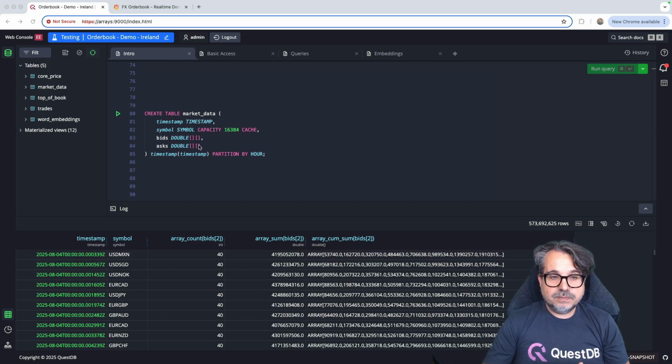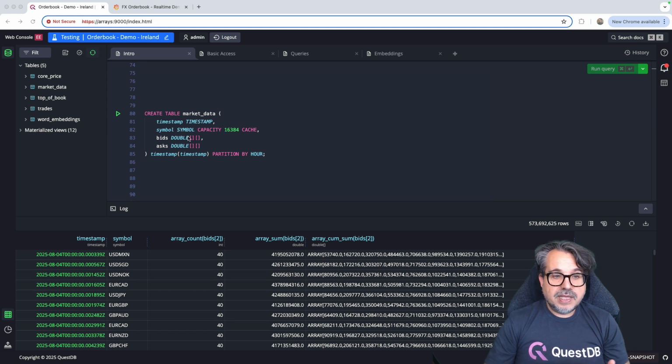and the same for the ask. So if you're already familiar with arrays because you are a developer or you have a development background, you will know that an array is a list of data of the same type and you access the data by position, by index. So in QuestDB, an array means a list of double values, and you can access the double values by index starting by 1.